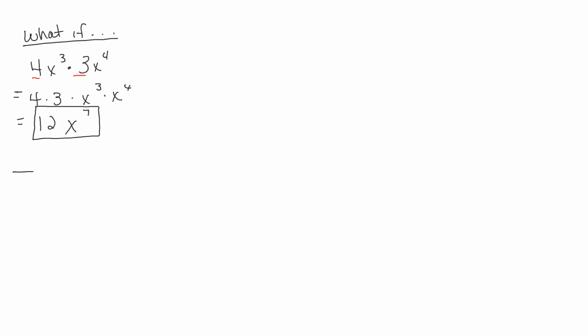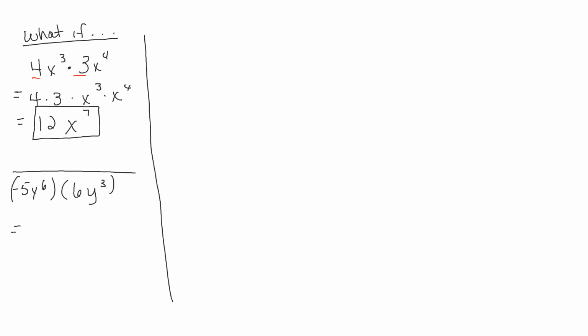Let's do another one. So for this one, let's say I have negative 5y to the sixth times 6y to the third. So just like in the previous example, I'm going to take those coefficients of negative 5 and 6. I'm going to write those side by side. Then I'm going to write the y terms side by side. Well, negative 5 times 6 is negative 30.